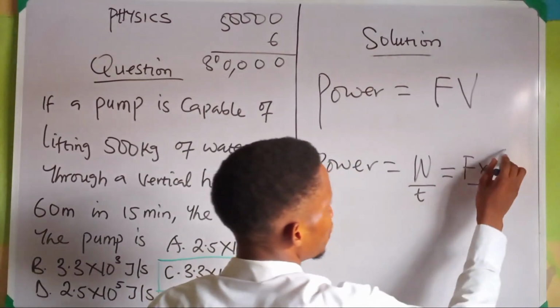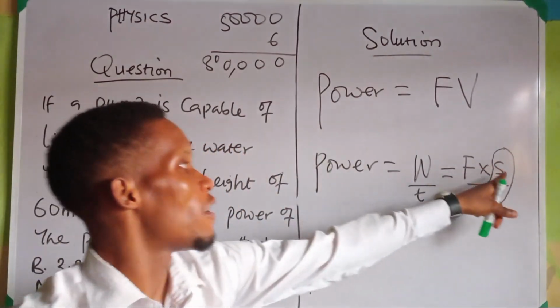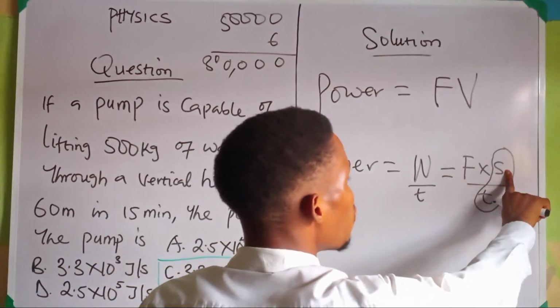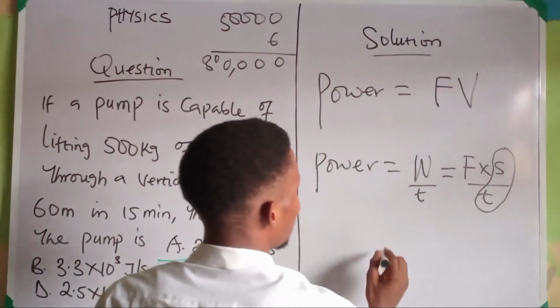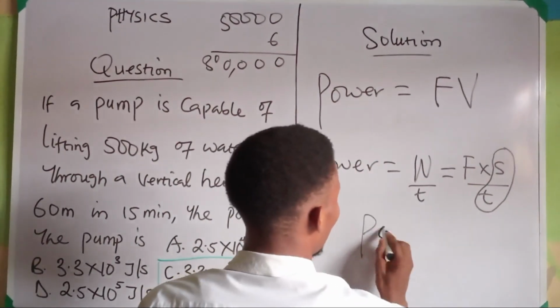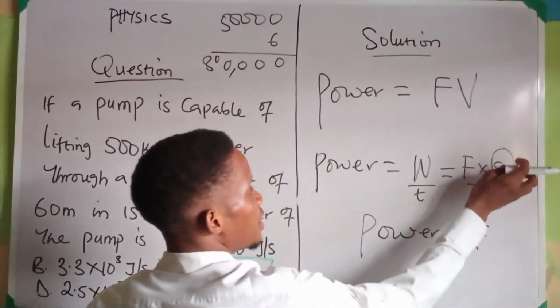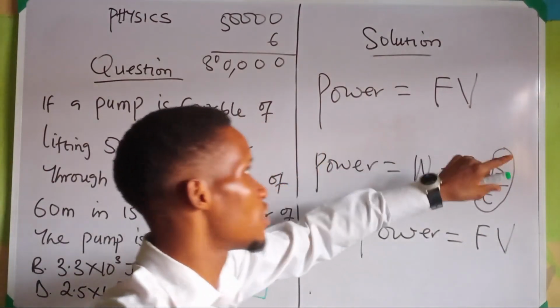So if you do this like this, you know that velocity is the distance moved per time taken. So here our power is giving us force multiplied by distance over time, which is velocity. And that's how we got this formula.